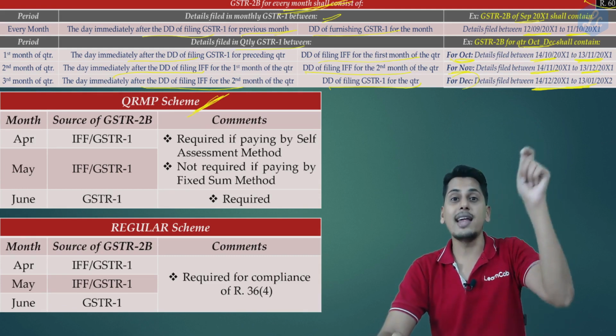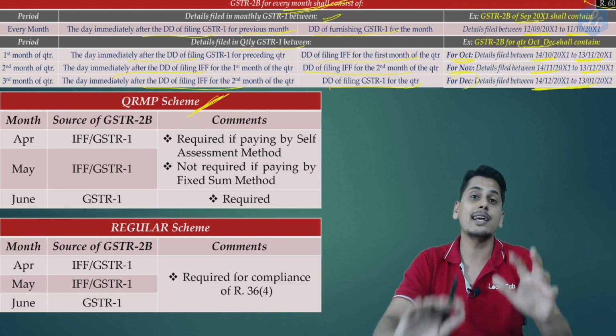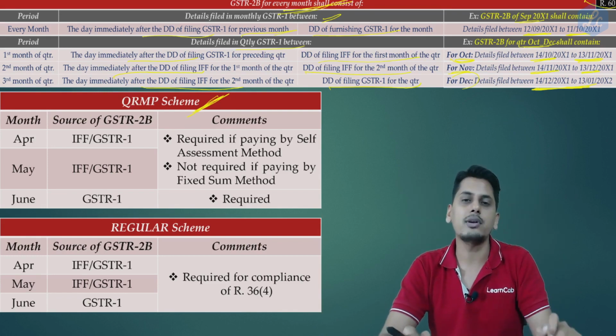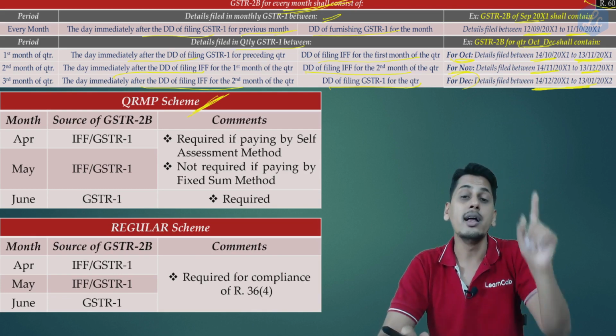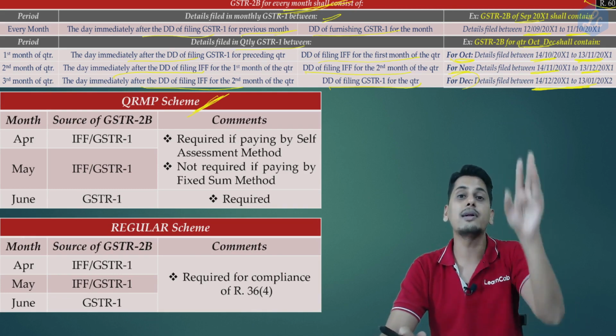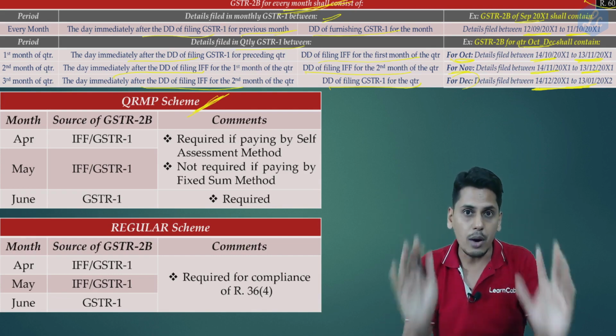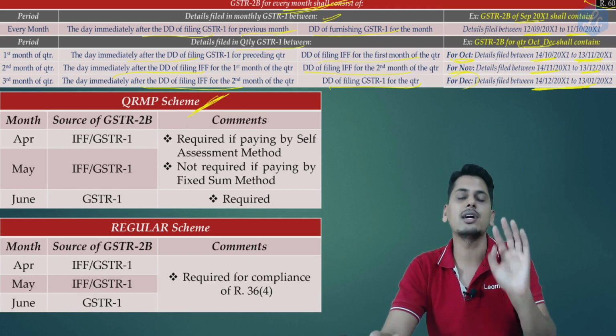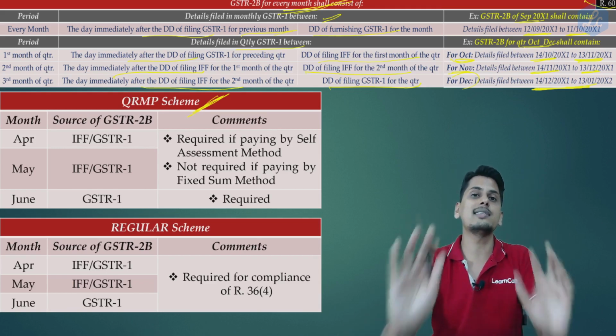However, while filing the return for the entire quarter, when he has to compute his actual liability, output tax minus input tax credit according to Rule 36(4), he requires GSTR-2B of all three months, the first month, the second month and the third month, because he has to compute the input tax credit of the entire quarter. What he deposited initially in the cash ledger was only to ease compliance.